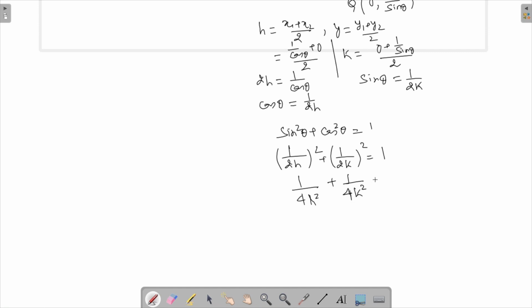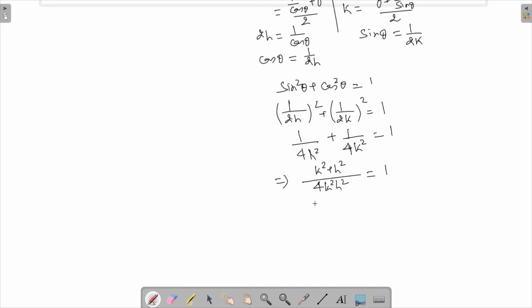Then we can take the LCM, 4k square h square, and we have k square plus h square here. Finally, we have h square plus k square equals 4k square h square, or h square plus k square minus 4k square h square equals 0.